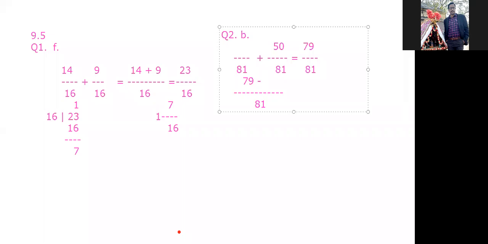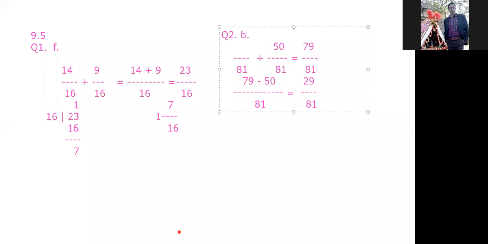When we know that one of the numbers is 50, what will we do? We'll subtract it, and when we subtract, the result is the numerator. What is the numerator? 29. And the denominator, as you know, remains the same, 81. So 29 by 81.